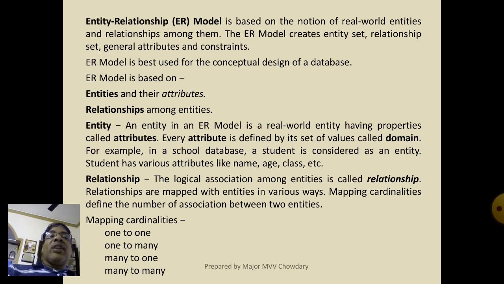Student has various attributes like name, age, class, roll number, mobile number, address, etc. These all are attributes of a particular entity. An attribute is a particular characteristic of the entity.